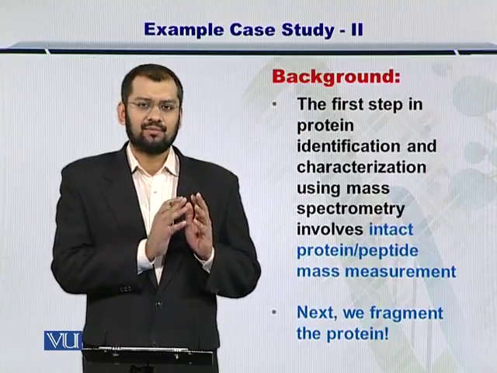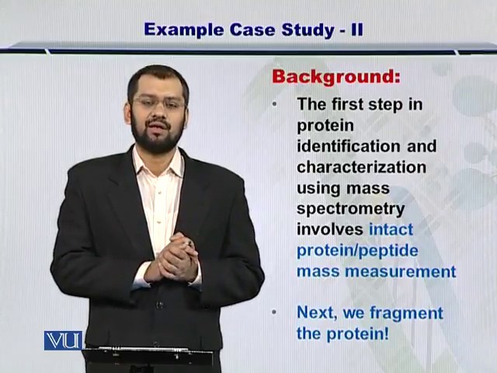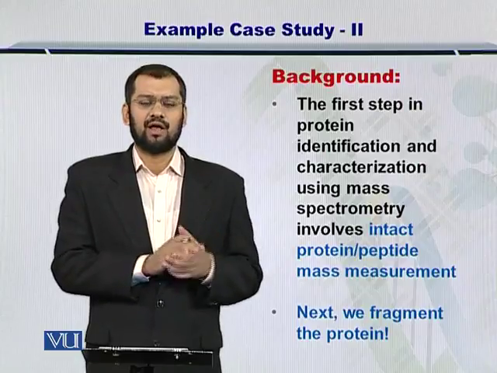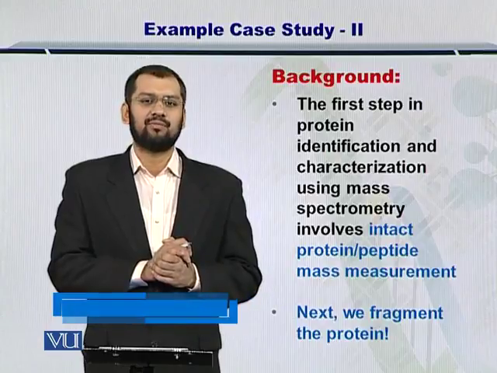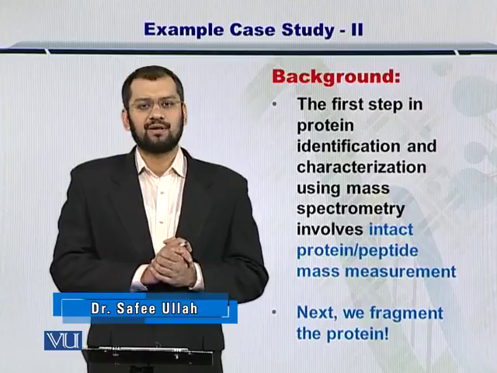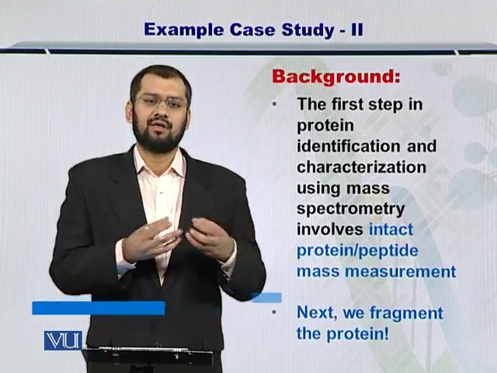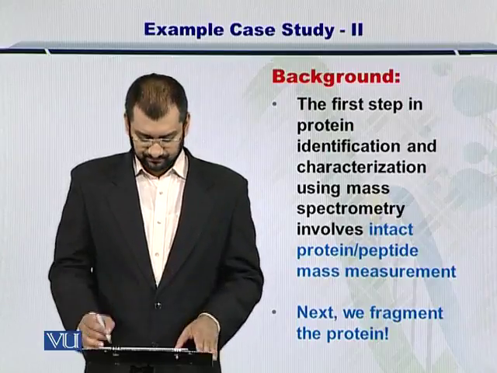So that intact molecule, or the precursor molecule, is measured in the MS1. You get multiple peaks reported and you only select the monoisotopic peak for the intact precursor molecule. In the next step, you fragment this intact molecule into peptides that are smaller in size as compared to the precursor.